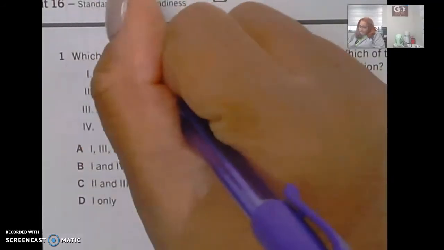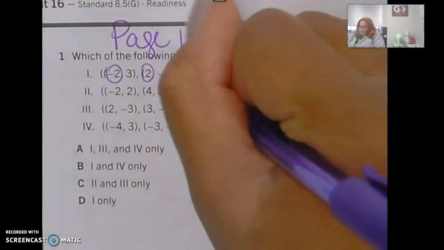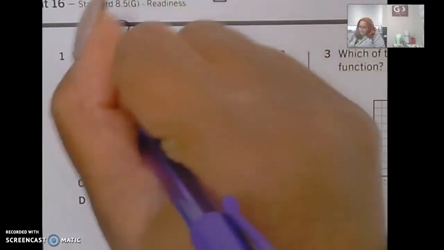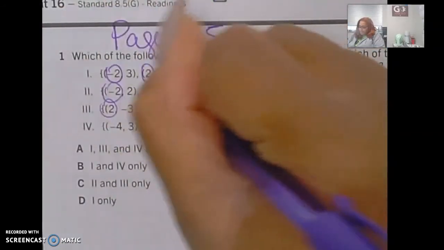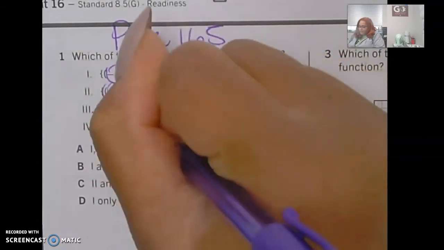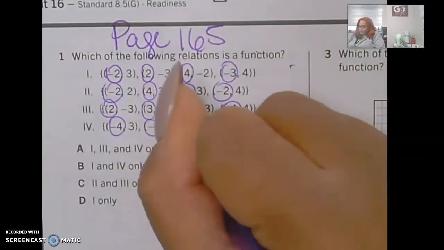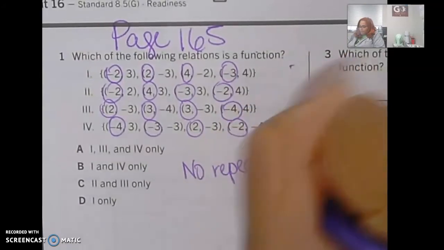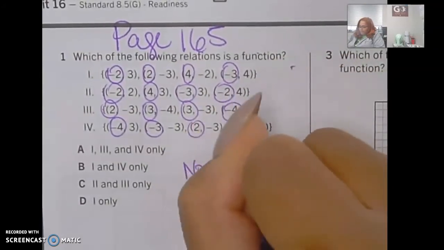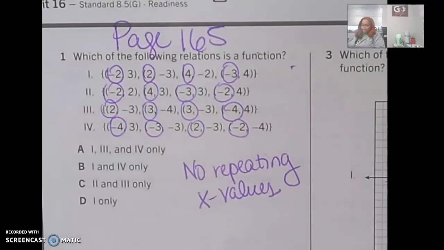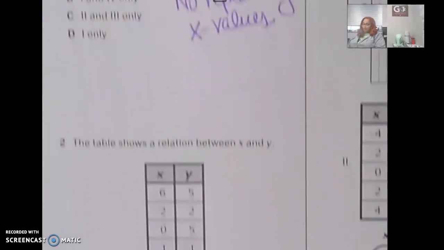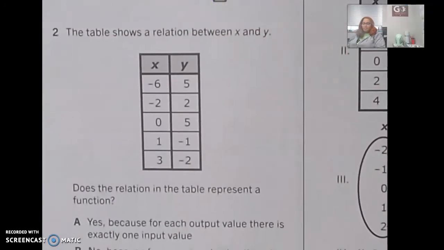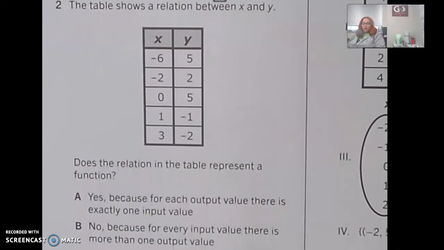I need to check all of my x values and see if any of them repeat. Only the x values. No repeating x values. Okay? For number 2, the table shows a relation between x and y.